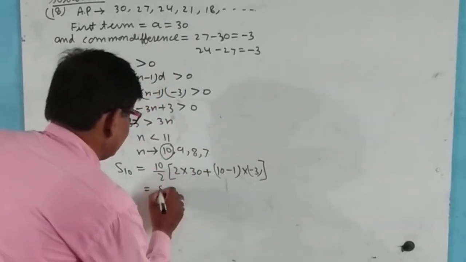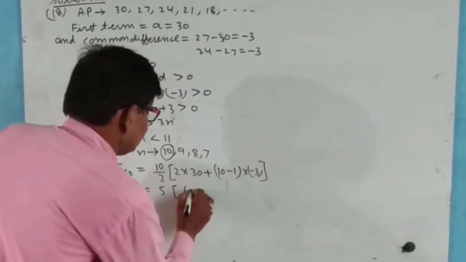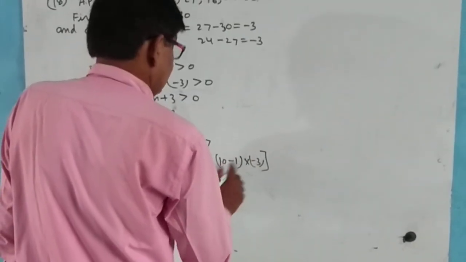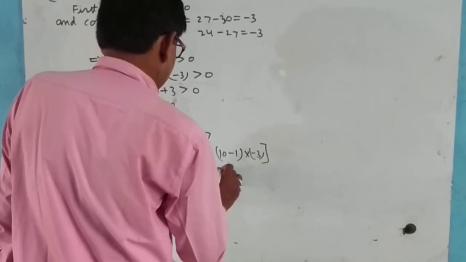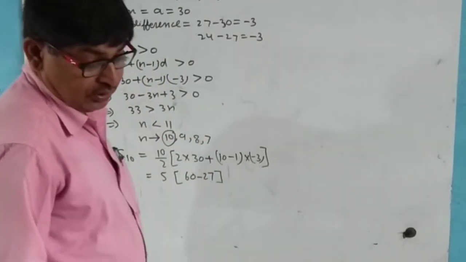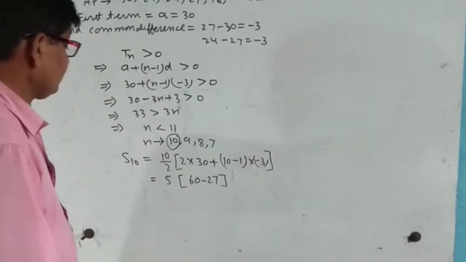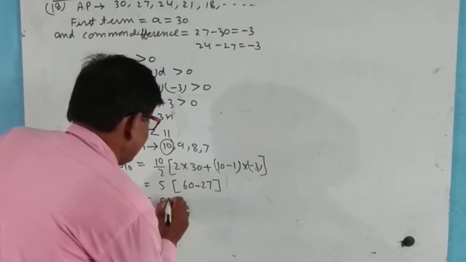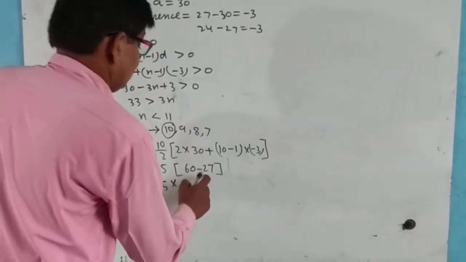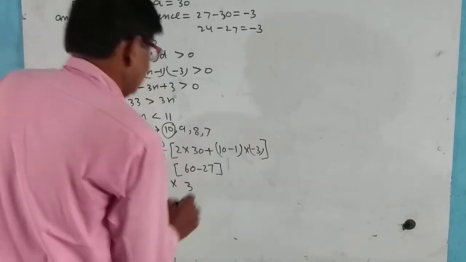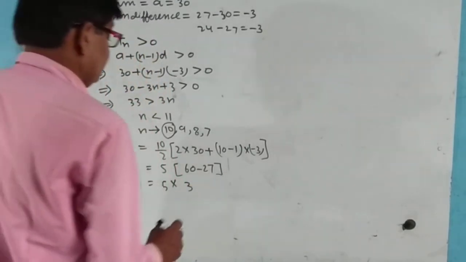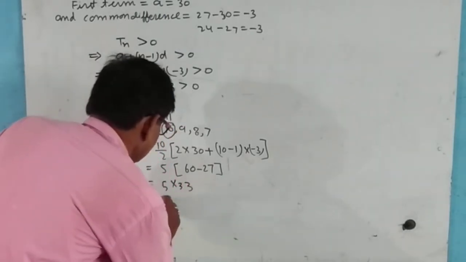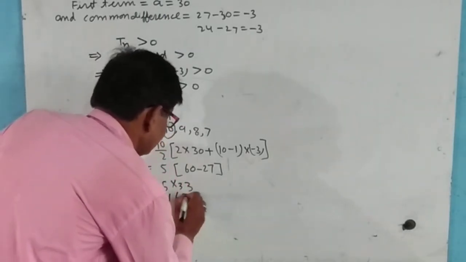That is equal to 5 into (60 minus 27), so 5 into 33, and that is equal to 165.